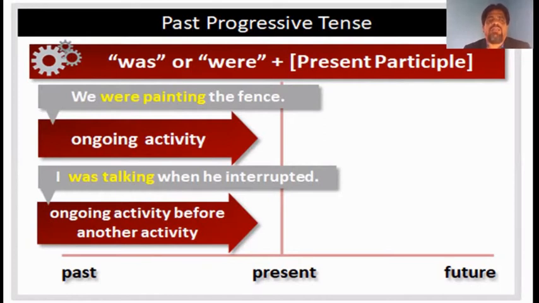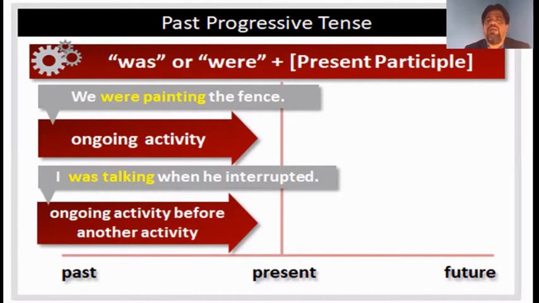Okay, so that action was an ongoing action. I was talking when he interrupted. It was an interrupted action. The talking was interrupted, in a sense. It was an interrupted or ongoing action at that time.